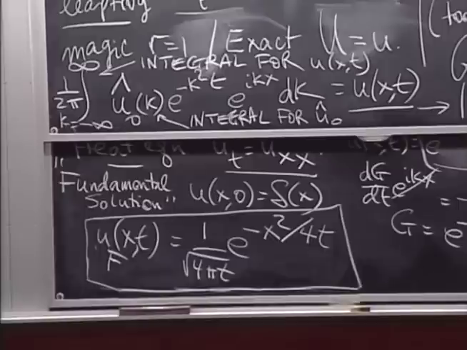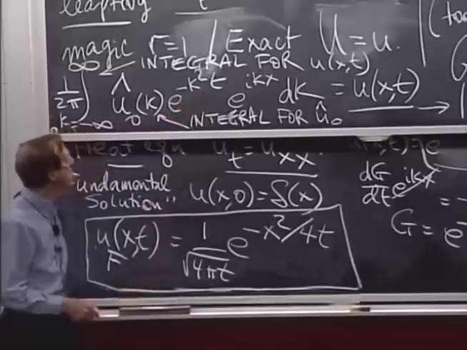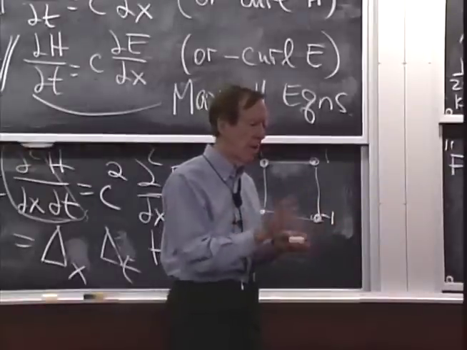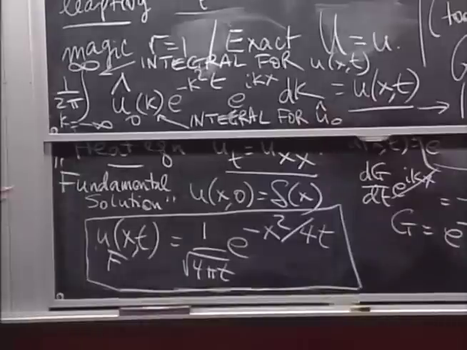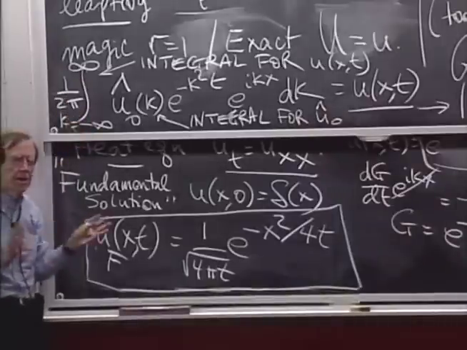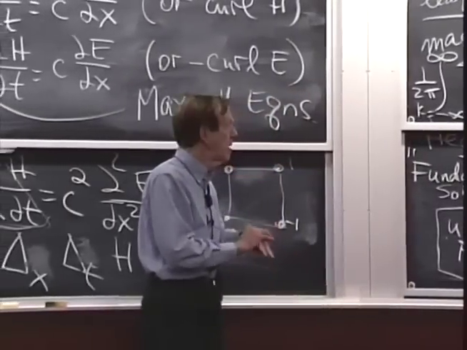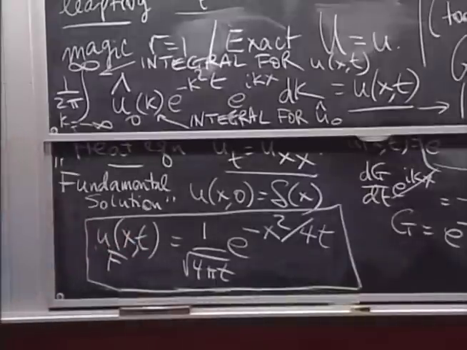You see, integrals with e to the minus x squared in them are usually impossible on a finite interval. But here we're going all the way from minus infinity to infinity, which you might think makes the problem harder, but actually it makes it a great deal easier, and we can get an explicit answer, a beautiful answer.